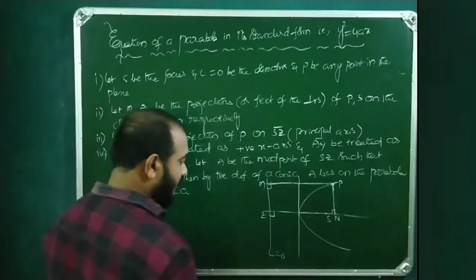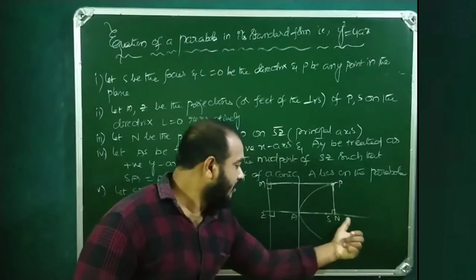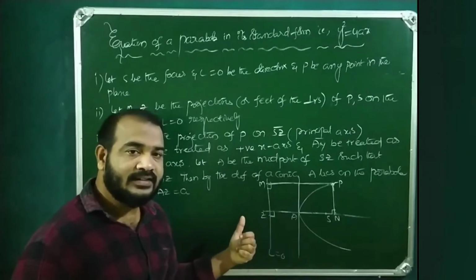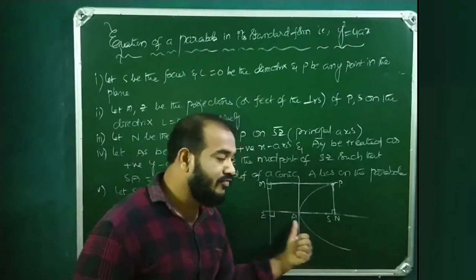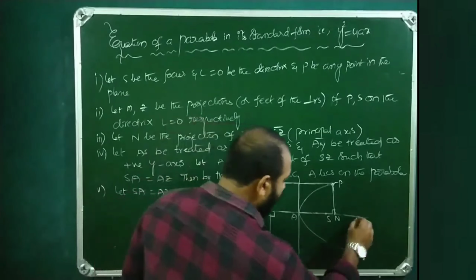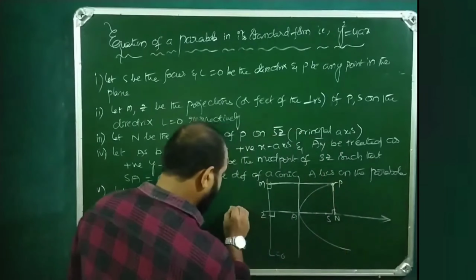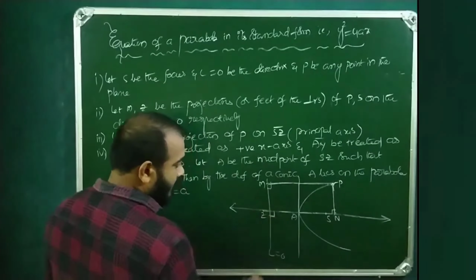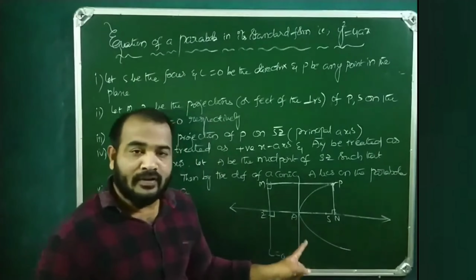What is vertex? The point of intersection of a conic and the principal axis. What is principal axis? Principal axis is that straight line which is passing through the fixed point. I'm talking about this. So, AS is called the principal axis.